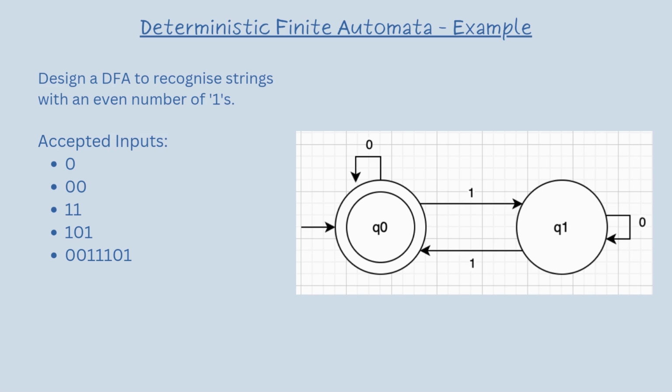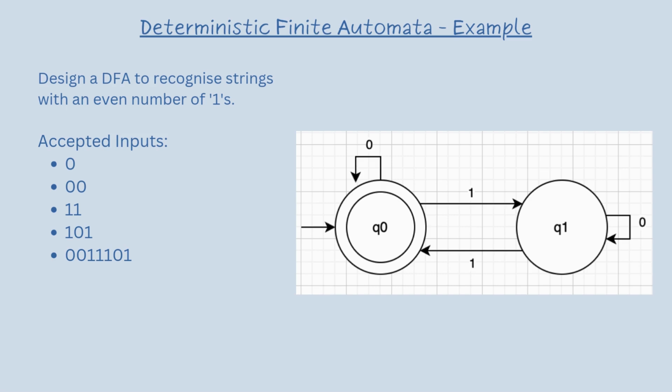And you will see that we also have a self loop here for zeros at Q1, because similar to how zeros didn't matter when you were in the accept state, zeros don't matter when you're in Q1. You could have an even number of zeros, you could not have zeros in the first place. It doesn't matter because what we care about is ones here. And then the second we get another 1, making it an even number of ones, we're allowed back to the accept state.